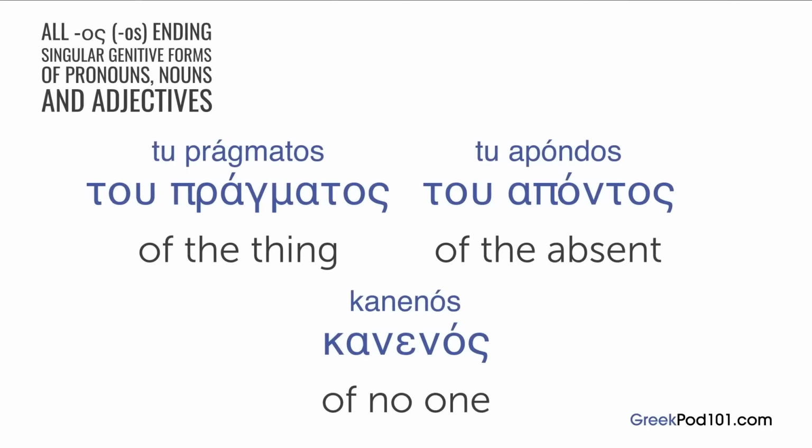All those os-ending singular genitive forms of pronouns, nouns, and adjectives such as του πράγματος, of the thing, του απόντος, of the absent, and κανενός, of no one.